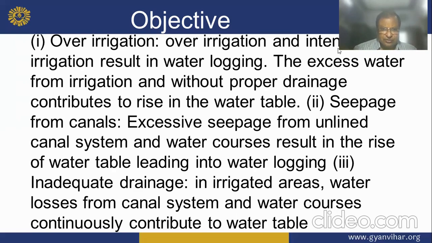Excess water from irrigation without proper drainage contributes to a high water table. Seepage from unlined canals, that is excessive seepage from the unlined canal system and water courses, results in the rise of the water table, leading to waterlogging. Water loss from the canal system and water courses continuously contributes to the water table.